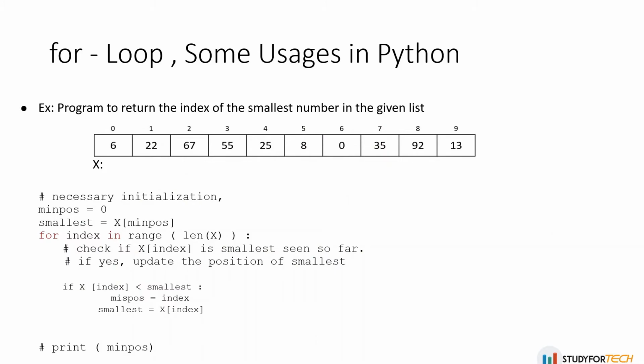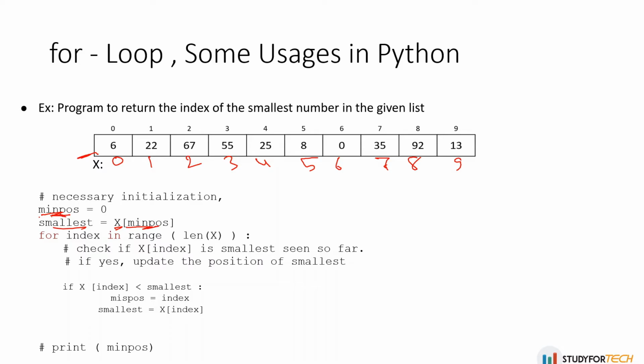So you can see here a smallest number. This I will explain in Jupyter Notebook with code. The minimum position, I am starting from 0. So this is 0, 1, 2, 3, 4, 5, 6, 7, 8, 9. And then the smallest, I am taking the initial value, which is list x of minimum position.